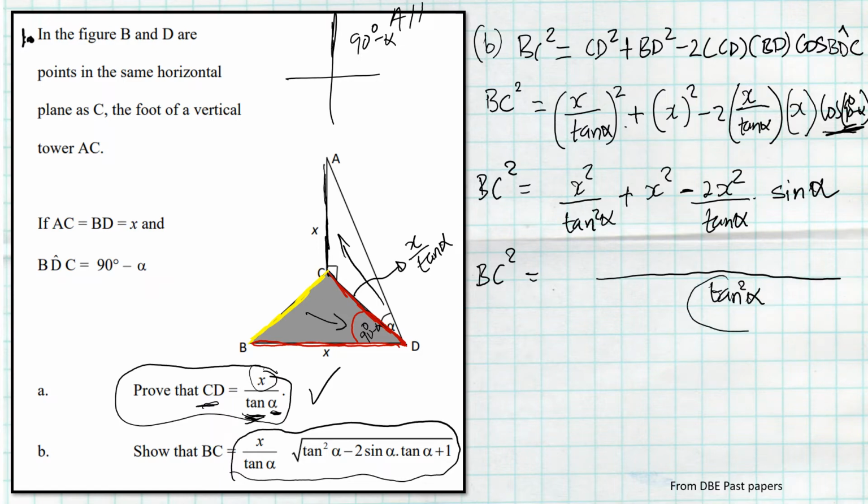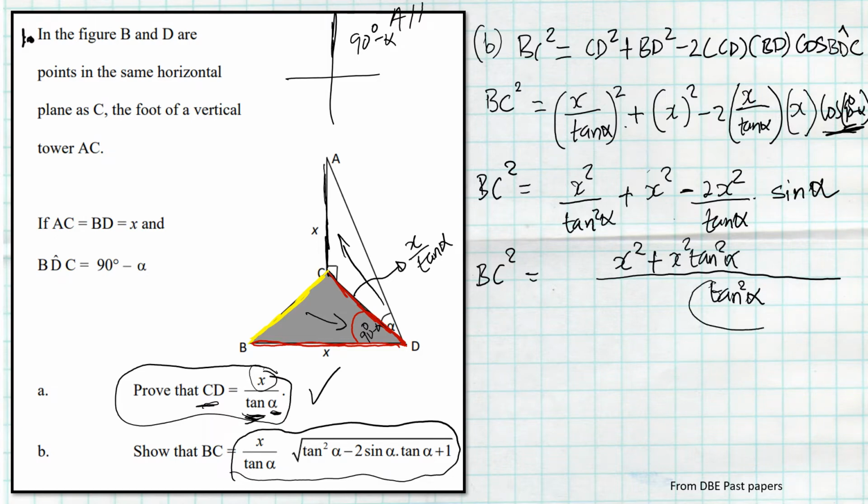Then I'll multiply this lowest common denominator with the first term there. Tan squared and tan squared will cancel out each other. Then on top I'll be left with x squared, plus, when I multiply with my x squared, x squared tan squared alpha.